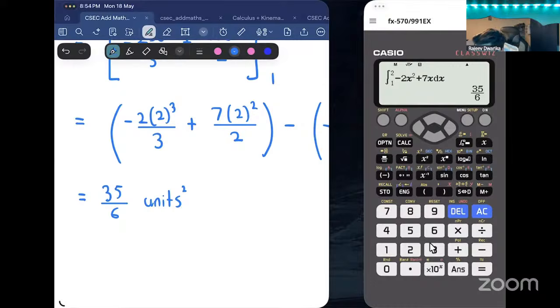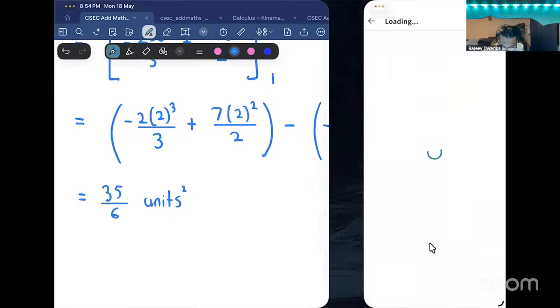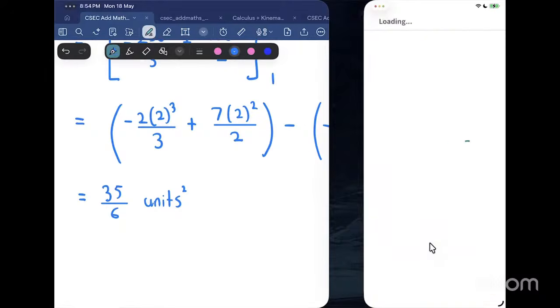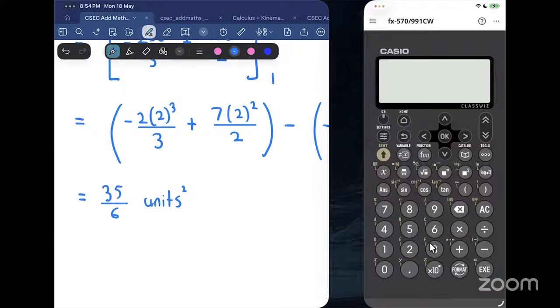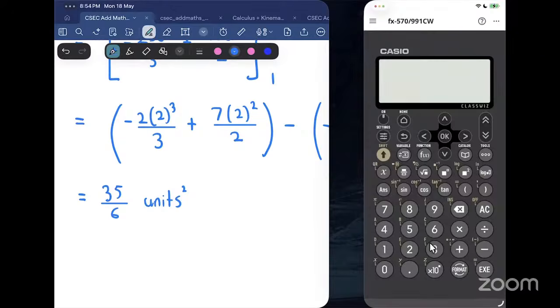In my opinion, it's the best Casio ClassWiz. I really like this one. Really? Okay, maybe you're talking about this one? Yes, that one. That's the one I have. Yeah, fancy thing.